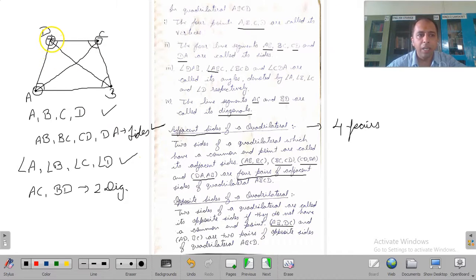Similarly, AD and BC also have no common end point, so this is also a pair of opposite sides. So how many pairs of opposite sides do we have in a quadrilateral? There are 2 pairs of opposite sides in a quadrilateral.